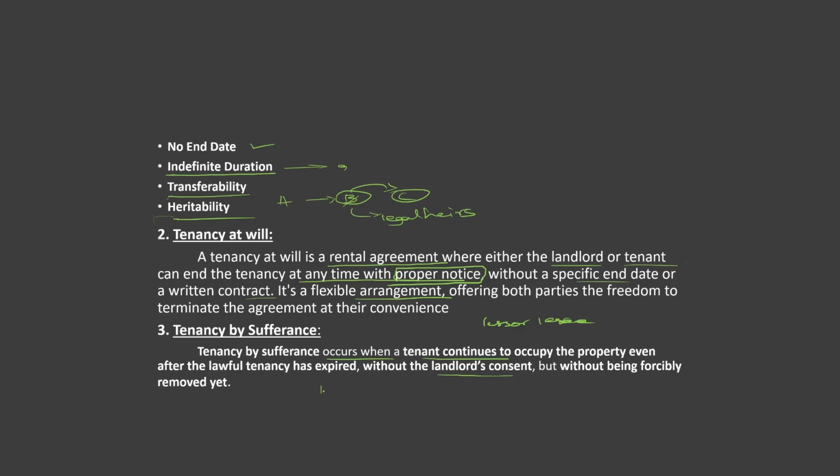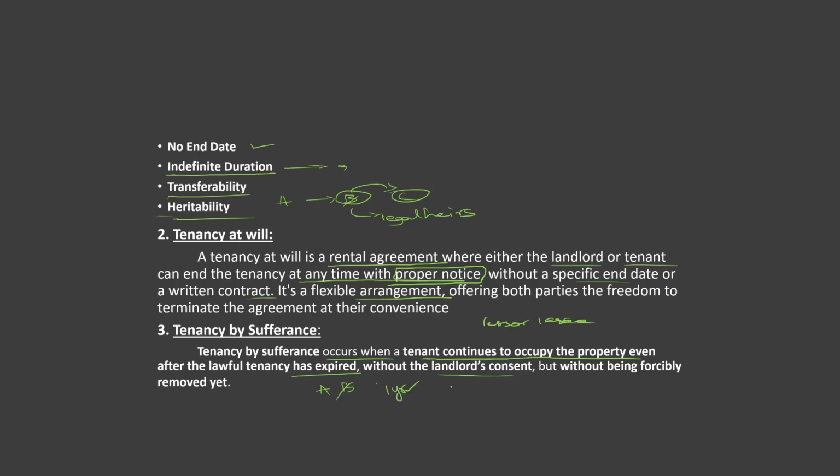For example, A and B have agreed that the lease will be for a period of 1 year, and 1 year has expired, and still B has not left the property. So the tenant goes on to occupy the property even after the expiry of the lease agreement. The landlord or the lessor still did not forcibly remove the tenant.